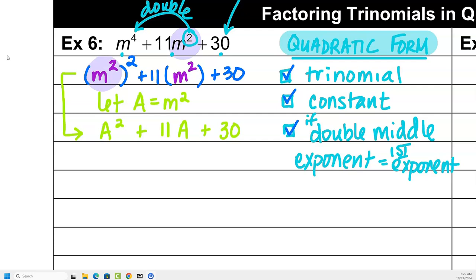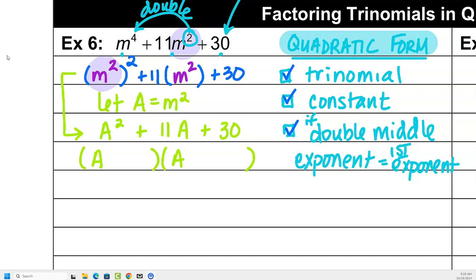Okay, and it has the leading 1, doesn't it? Right here. So this actually is going to factor nice and neat. You guys remember 2 groups? We know A will be in the front of both groups, and we're going to ask, what are factors of 30 that add to be 11? 6 and 5?